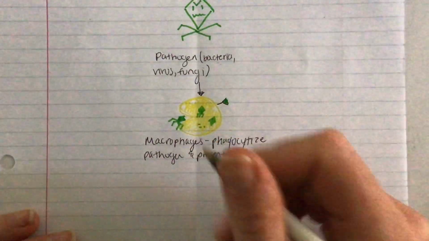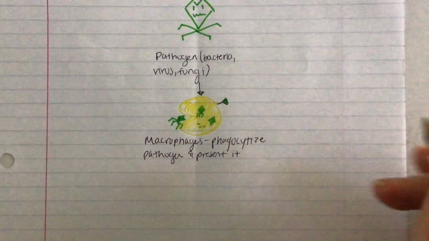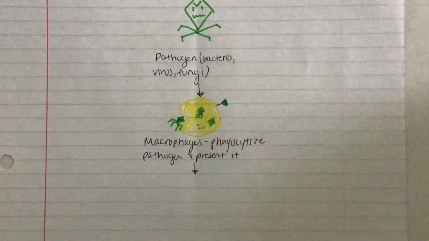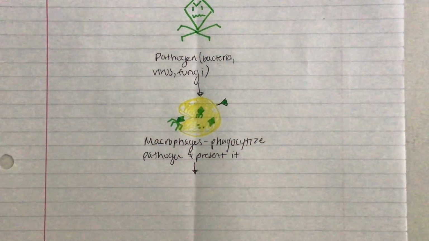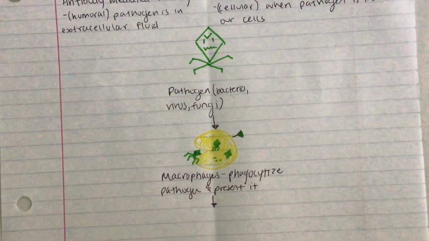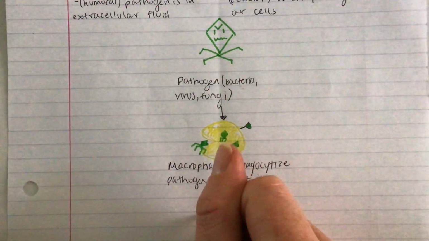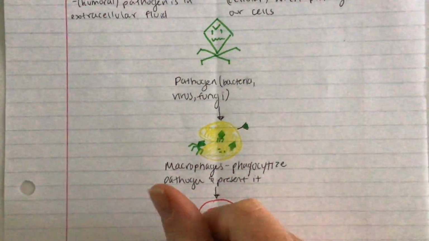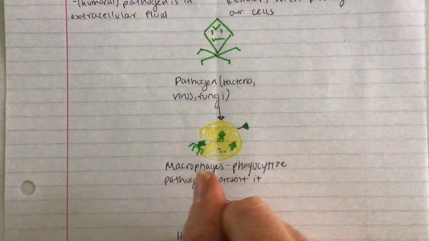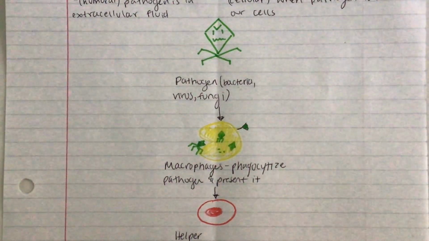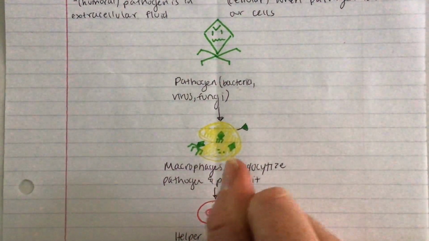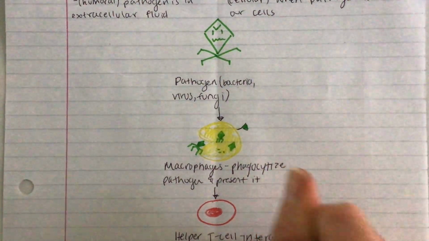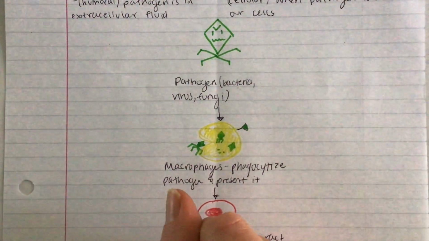So from here, what this macrophage is going to do is it's going to go around and bump into tons of helper T cells. Okay, and so I'm going to use red for my helper T cells. And what helper T cells are going to do, they're going to interact with antigens.